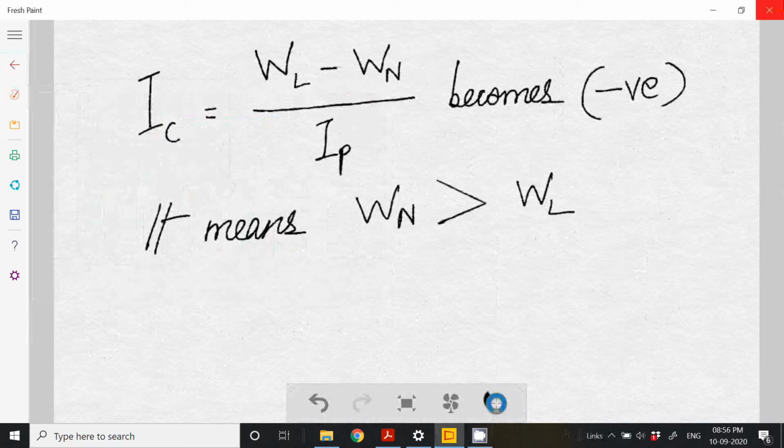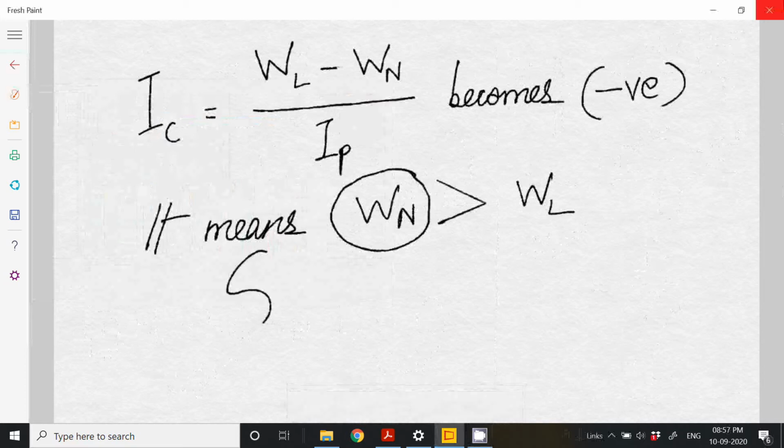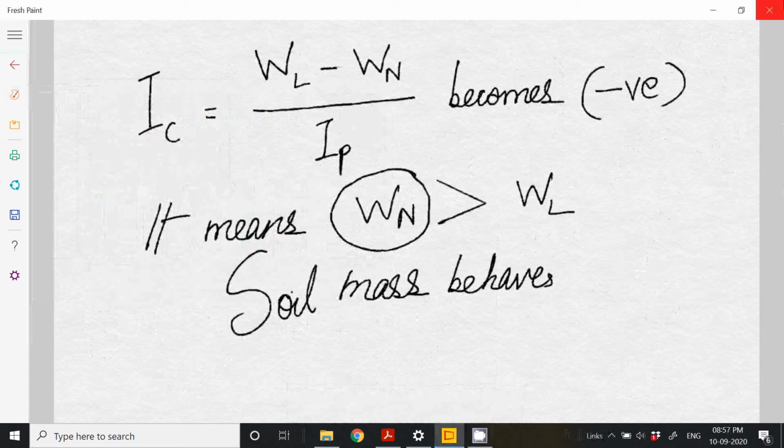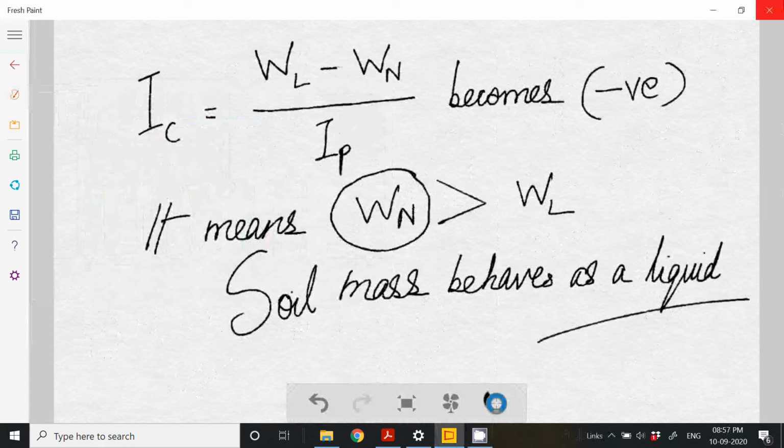That means natural water content of the soil is greater than the liquid limit. And what happens if the water content is greater than the liquid limit? The soil mass behaves as a liquid because it has crossed the liquid limit.